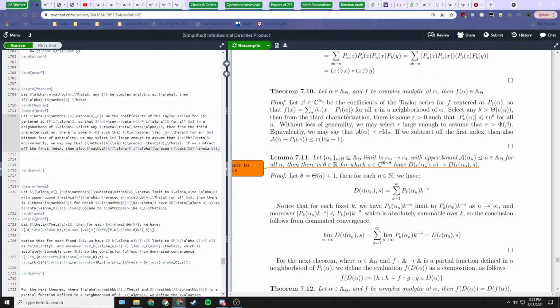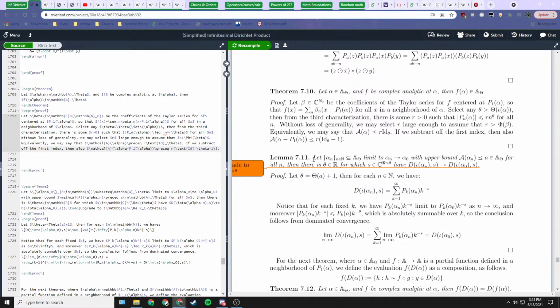Equivalently, we can say that A of alpha is bounded by r times id theta, that is r times n power theta on each projection. If we subtract off the first index, so we have this inequality. If we just kill the first index of this by subtracting p1 alpha, we can also kill the first index of this, and we'll still have this inequality. So if we just subtract off the first index, we get this inequality instead.